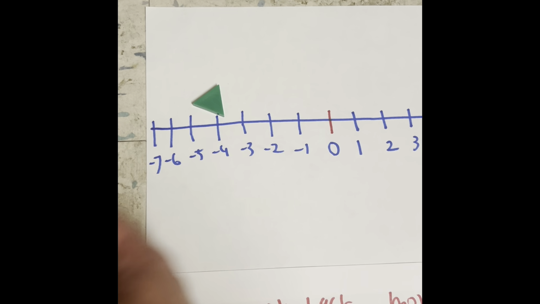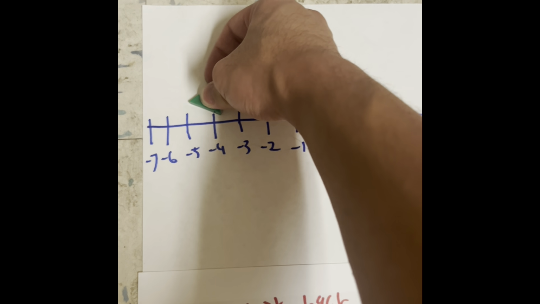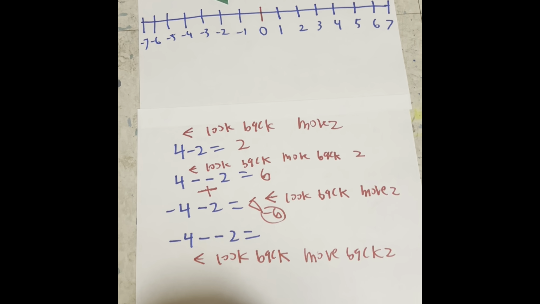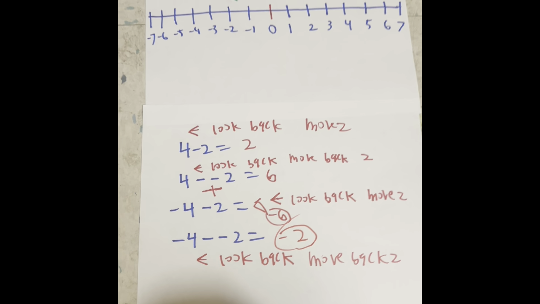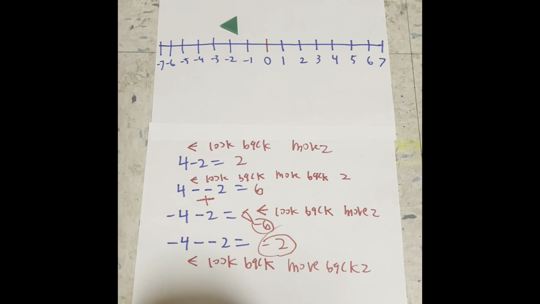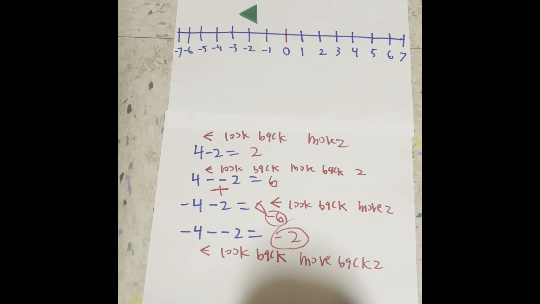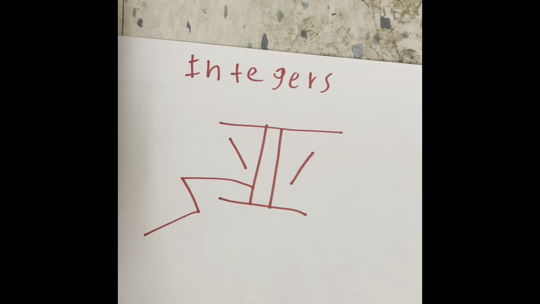Since it's looking at the left, we are going to go 1, 2. So the triangle stops at negative 2. That is how students can master and show their elementary skills to their teacher on how to learn integers on a number line.